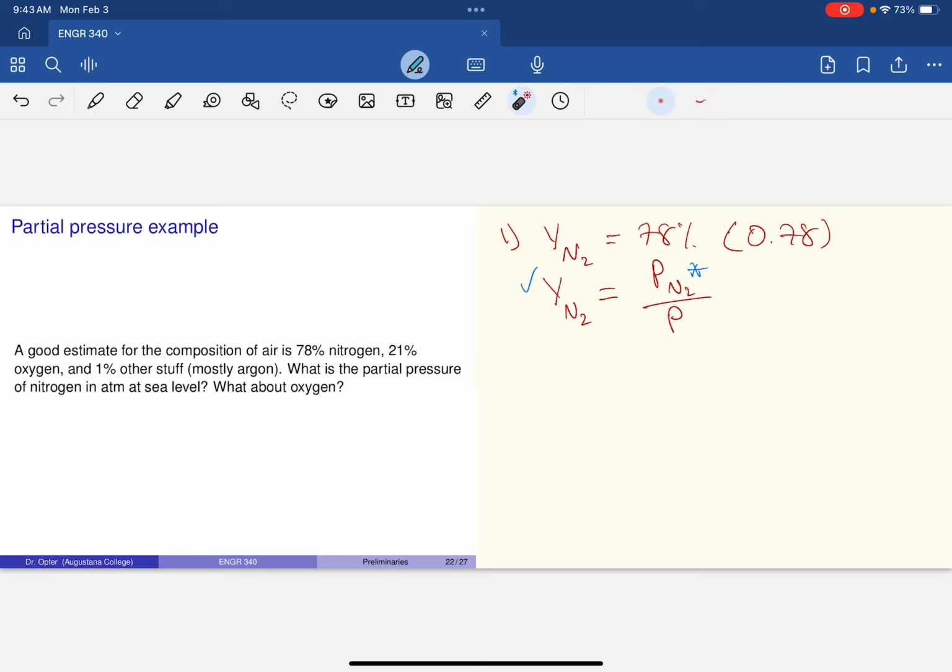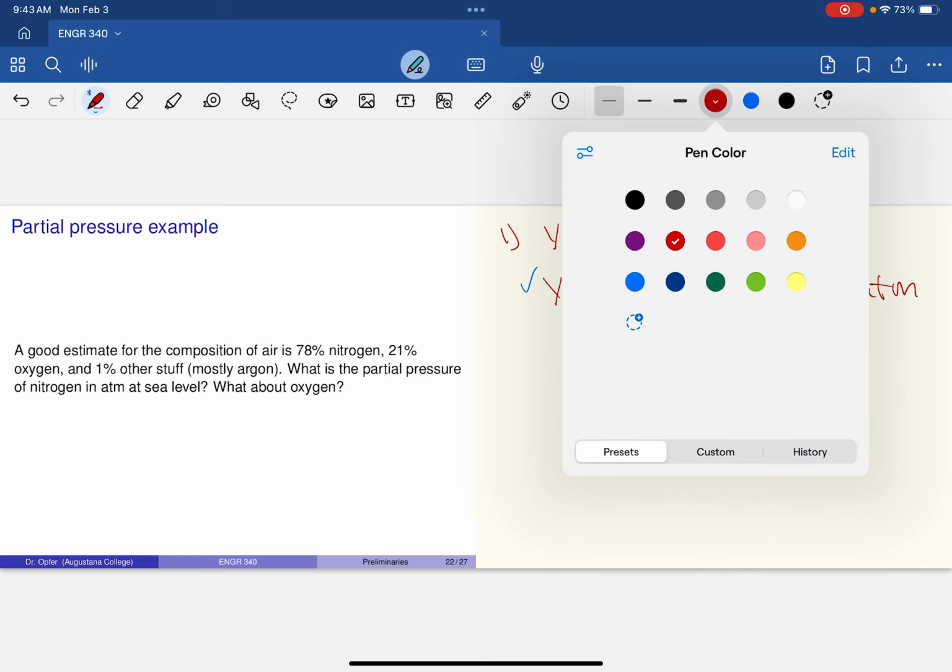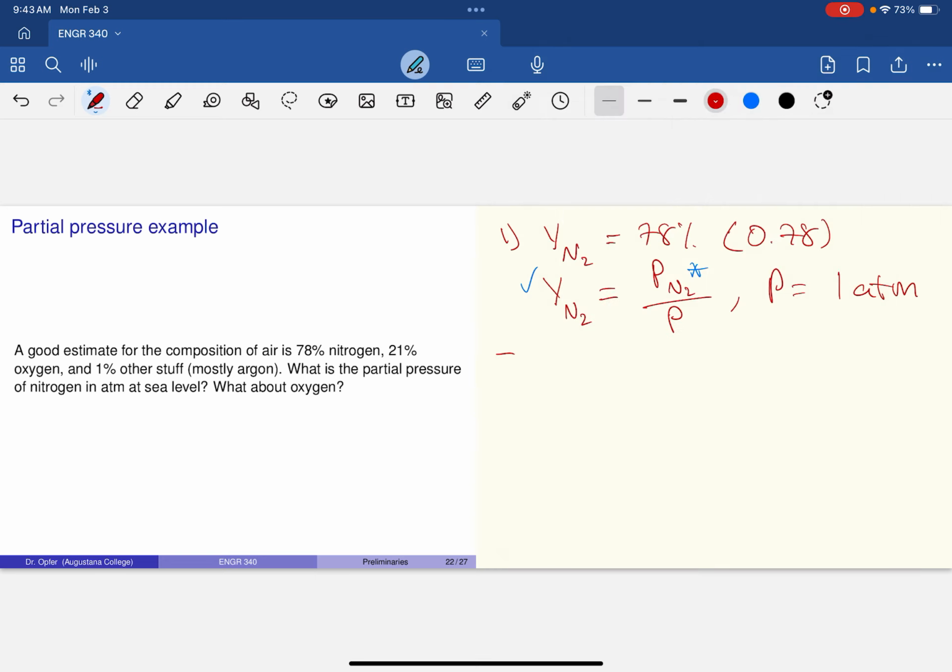But we're told in the problem that we're at sea level. So assuming that we're at sea level on Earth, then we know that the total pressure is equal to 1 atmosphere. That is the definition of atmosphere, the pressure of air at sea level on Earth. Okay, so that means all we need to do to solve this problem is just rearrange.